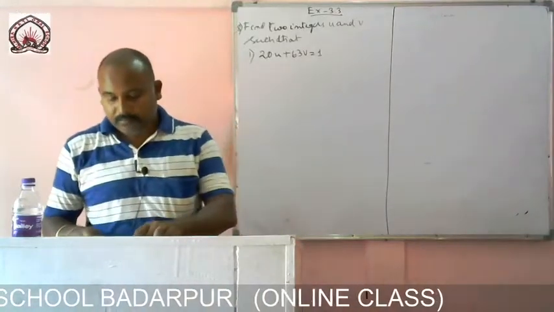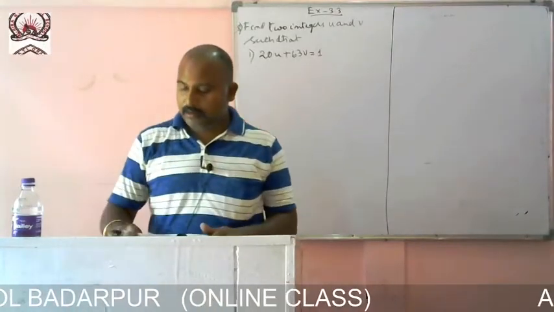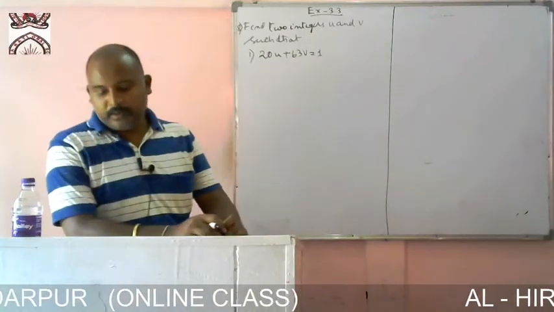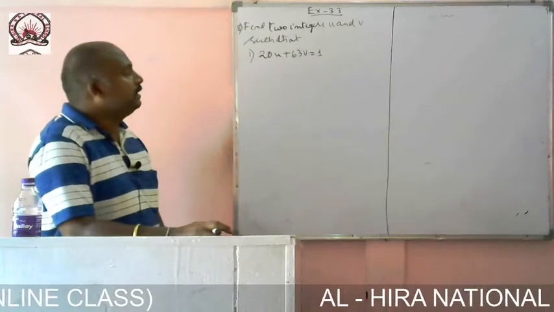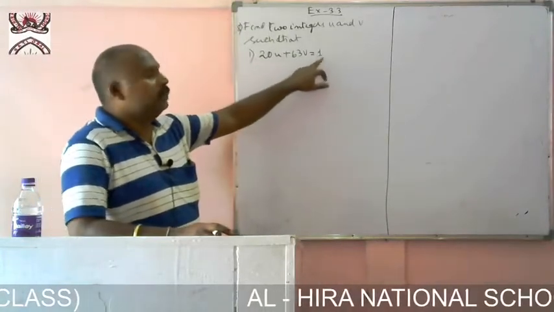Okay. Now, so find the two integers u and v such that 20u plus 63v equal to 1.